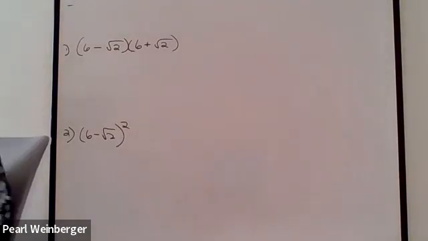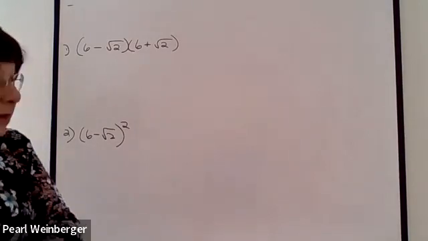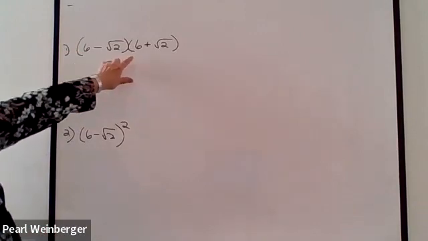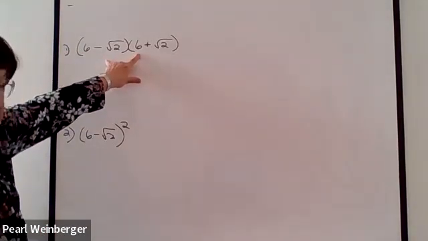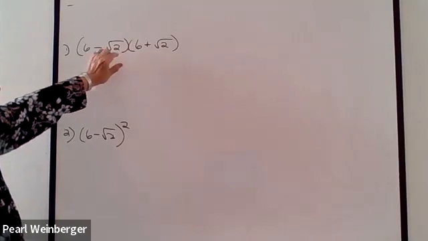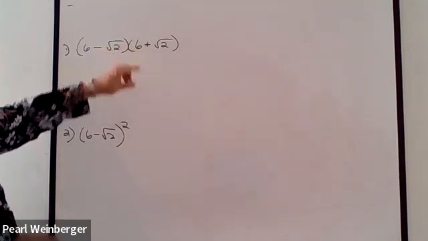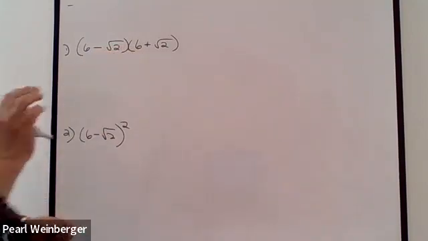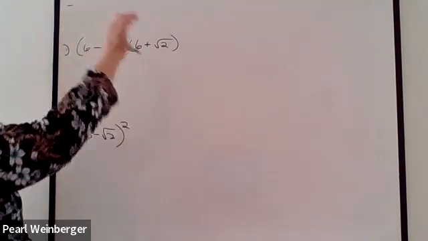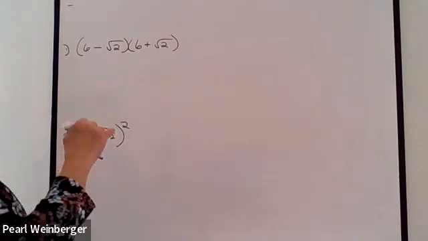Okay, so let's see if we can work with this. A few people have finished it, so obviously it's time we could do it. Notice this first pair is a conjugate pair. They are the identical binomials, except one has a plus and one has a minus. So therefore, we can just do first and last because we know the outer and the inner are going to cancel out.